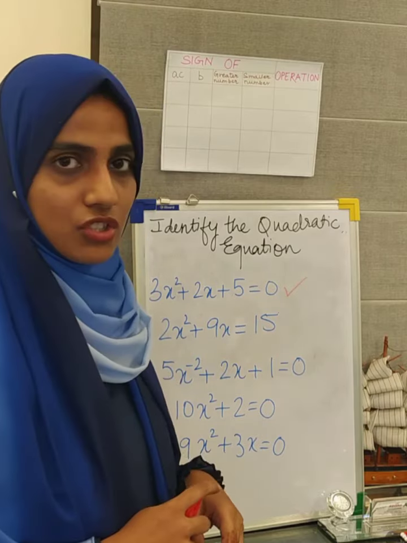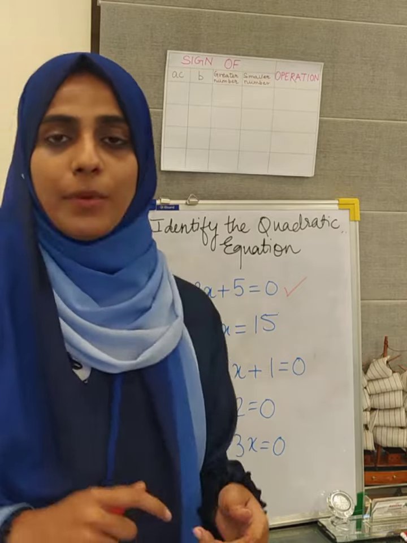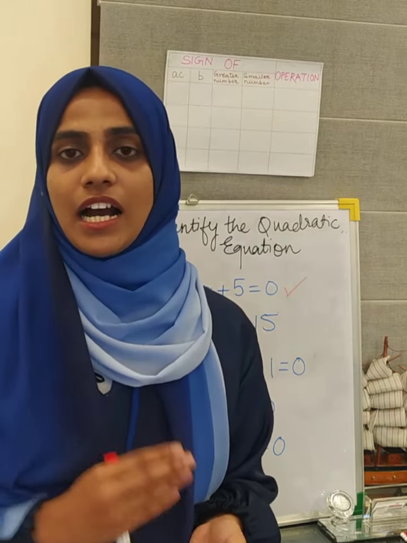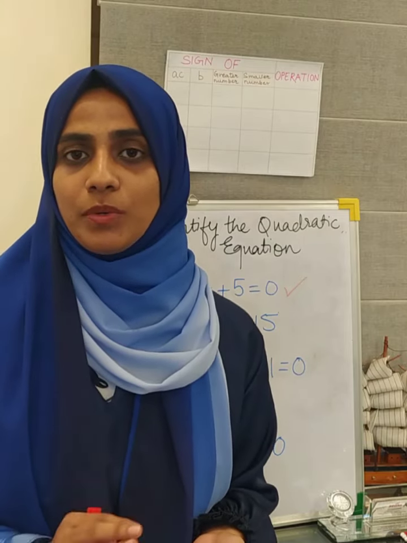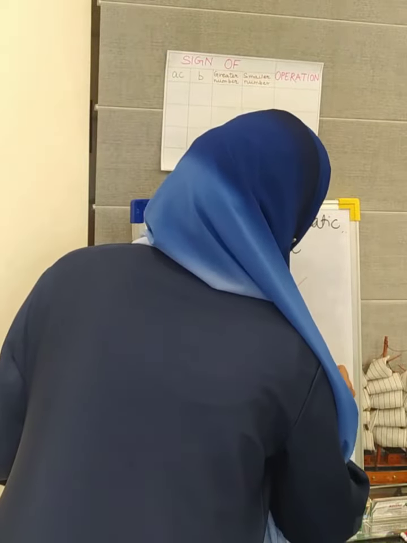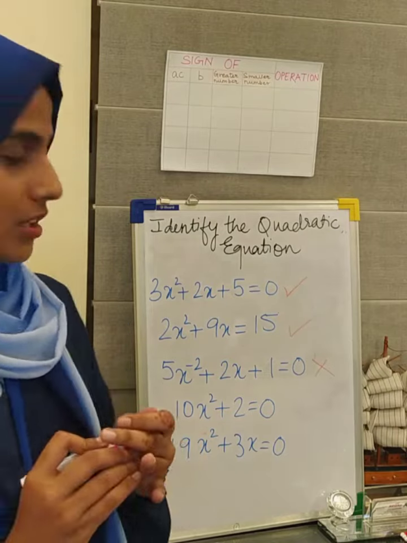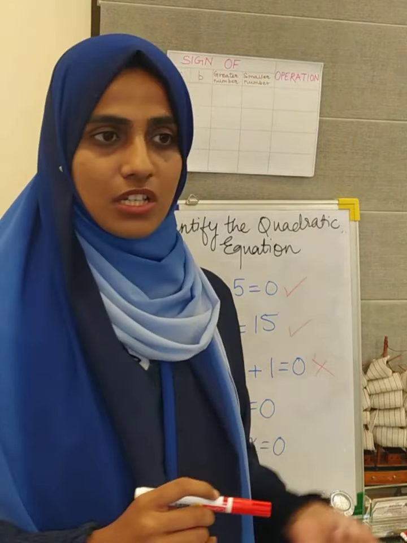Now the third equation. The highest degree is minus 2. But for an equation to be a quadratic equation, the highest degree should be only positive 2 and it should not be negative 2. So the third equation is not a quadratic equation. Now for the fourth equation, 10x square plus 2 is equal to 0.